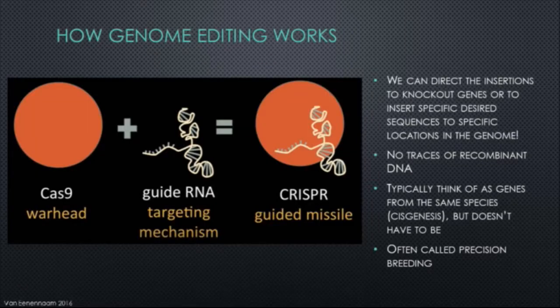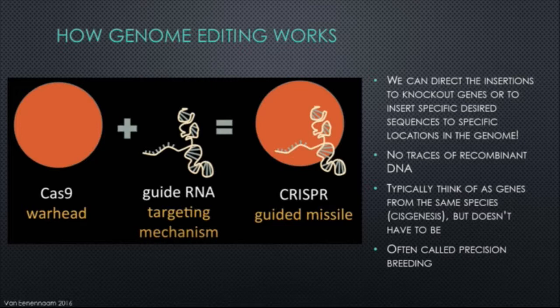Now, genome editing solves a lot of those particular issues, and that's why it's been so revolutionary and people are talking about it and so very excited about this type of technology. And it works basically like this. So you've got what's called CRISPR-Cas9. You've got a Cas9 protein here, and then you have these guide RNAs.